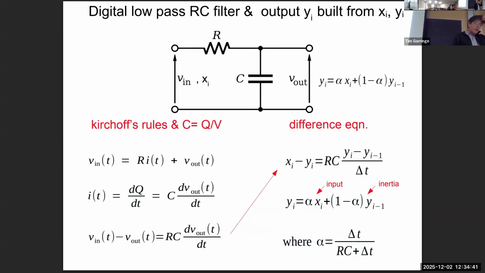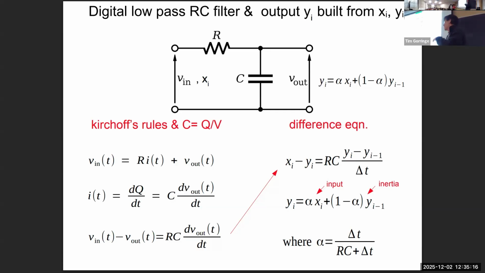Okay, last class we talked about RC filters. We talked about the low pass filter. I just want to remind us of that quickly as we're going to move on. When we implemented the low pass RC filter digitally, we realized that it was implemented in a rather simple way. It became a simple recursive filter digitally, in which the current output sample was determined by the current input sample and the previous output sample.